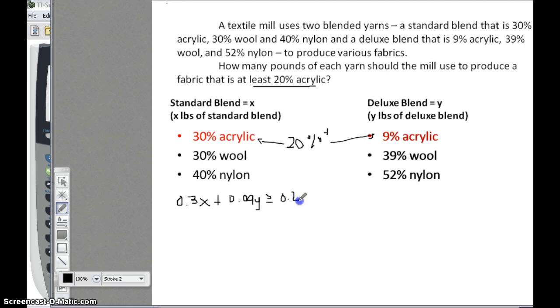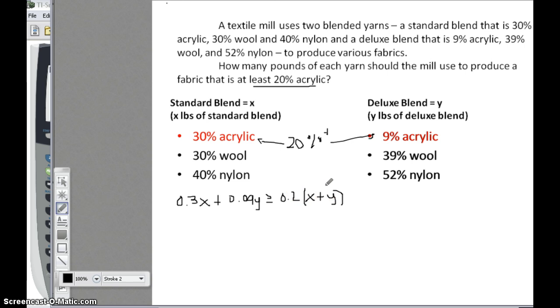But a percent always has to be multiplied by something. So 20% in that final fabric, and in that final fabric are the two blends of yarn, so times X plus Y. So that X plus Y would be the total pounds in that final fabric, and then 20% of that total. So that's why I'm multiplying the 20% times this.